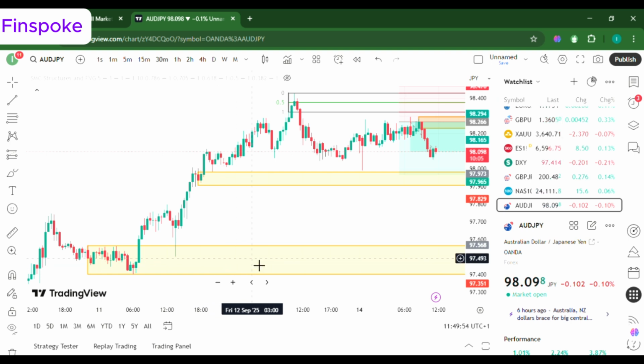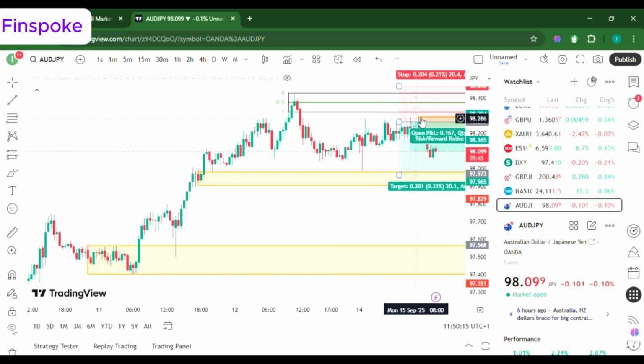It will get to this zone and return back to the supply zone. This is where the institution made this move to the upside, and this is where they are making another move to the downside. At this point, liquidity was grabbed, and liquidity was also grabbed here before this move.